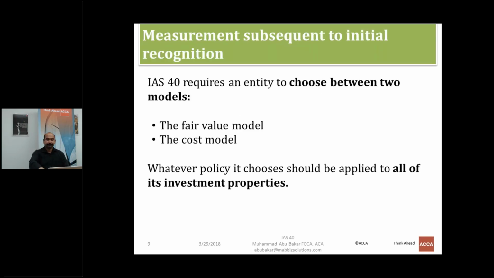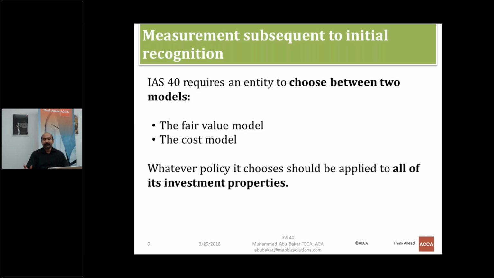Then is subsequent measurement. There are two models, we know. These are the same old models. This standard requires all entities to determine the fair value of the investment property for the purpose of either measurement, if the entity uses the fair value model, or disclosure, if it uses the cost model.